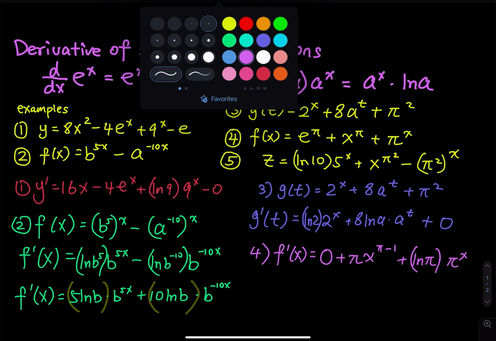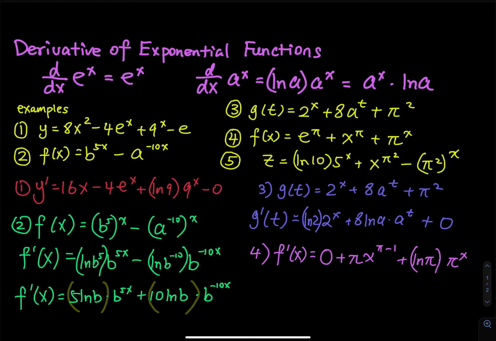And then number 5. So let's do number 5. So for number 5, we have a z prime. So that is 5 to the x, ln 10 times ln 5. And then the x to the pi squared, that one is not exponential because the base is the variable. So you bring this down, right?